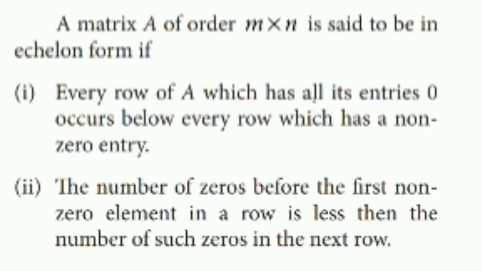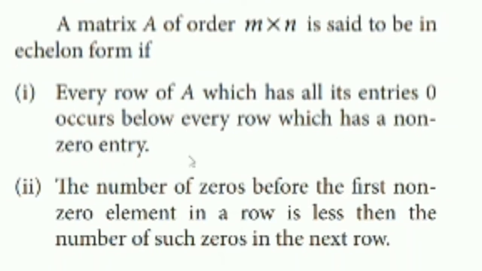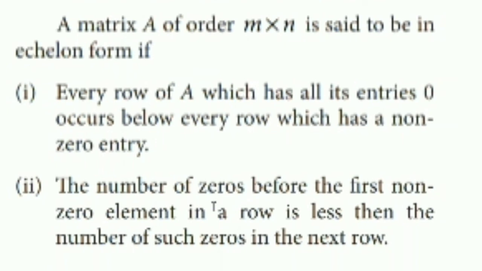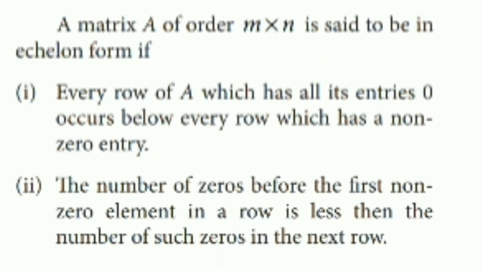Every row of A which has all its entries 0 occurs below every row which has a non-zero entry. So below the first non-zero entry you should have only 0. Now the second condition is that the number of zeros before the first non-zero element in a row is less than the number of such zeros in the next row.